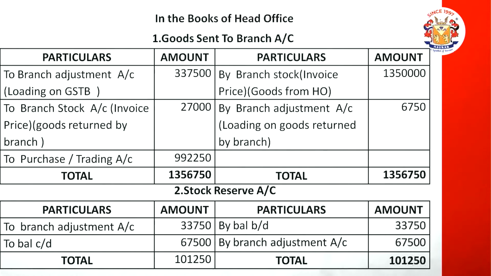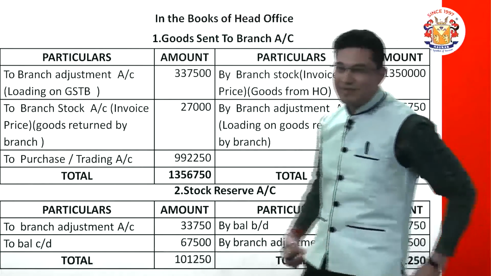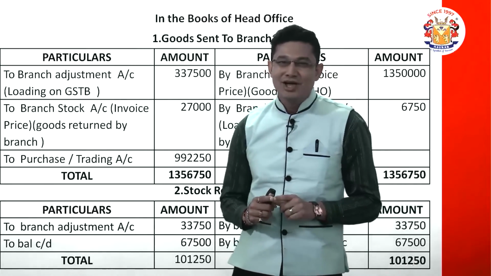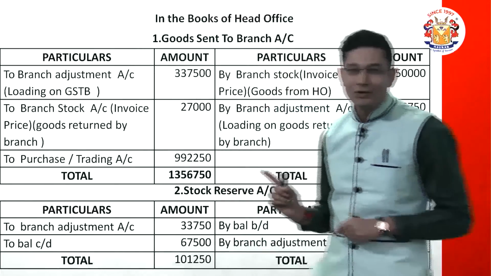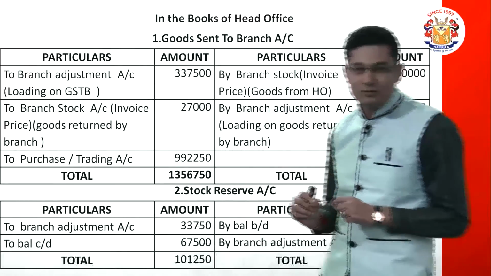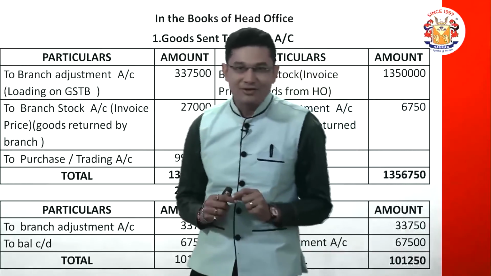Next one, stock reserve account. 33750 opening stock reserve and 67500 closing stock reserve. For academic purpose, you can do one thing. First of all, record opening stock reserve, and then record closing stock reserve.